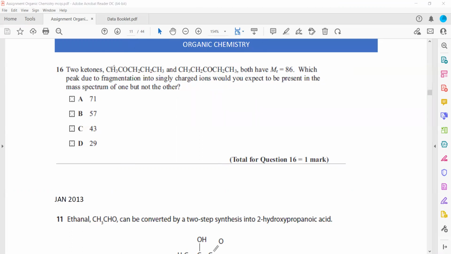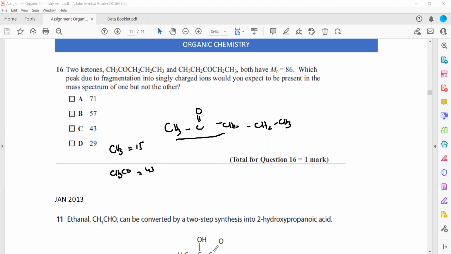For example, the first one is CH3, C double bonded with O, CH2, CH2, CH2 and CH3. What will be the peaks for this one? If we break from the left side, one is due to CH3, so it will be 15. The other one will be CH3CO, so 15 plus 12 is 27, and 27 plus 16 is 43.